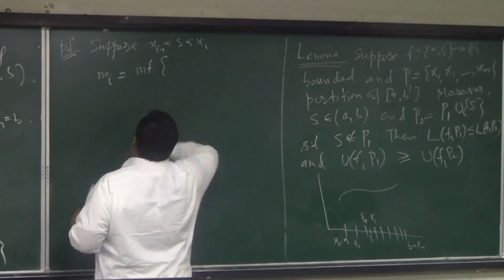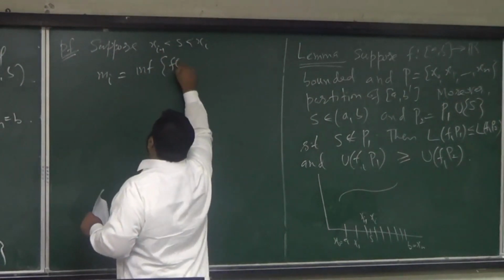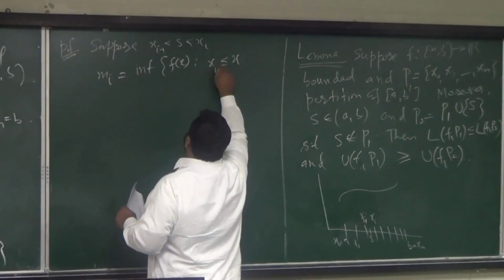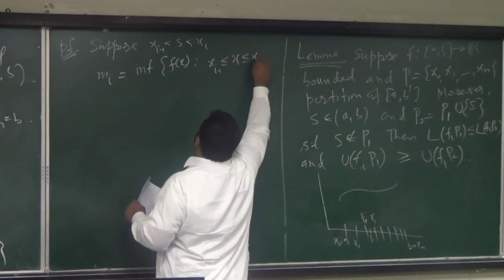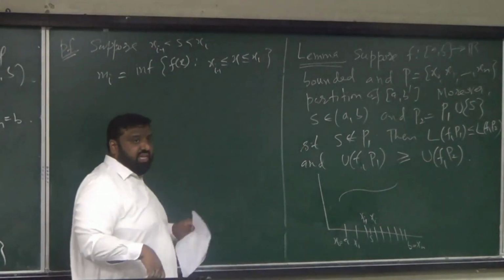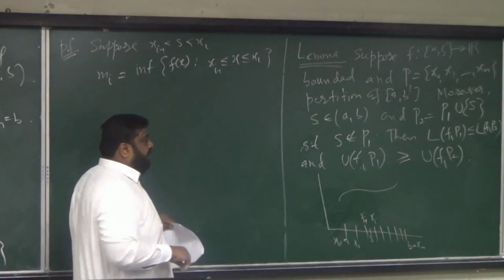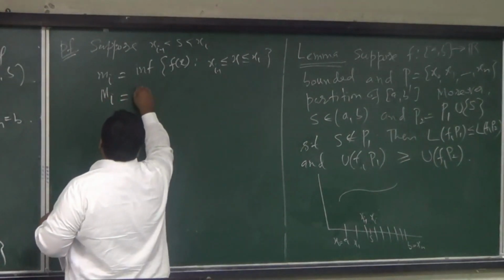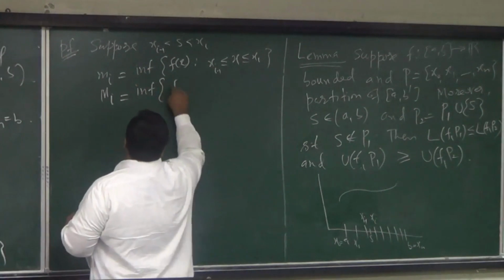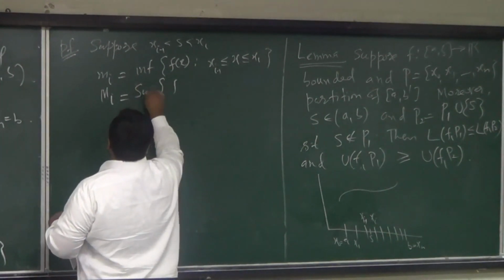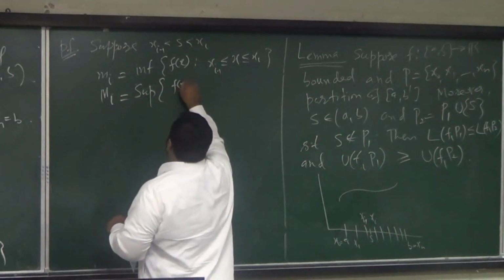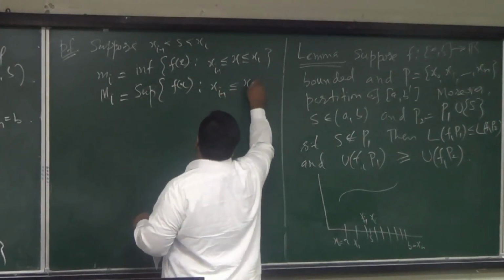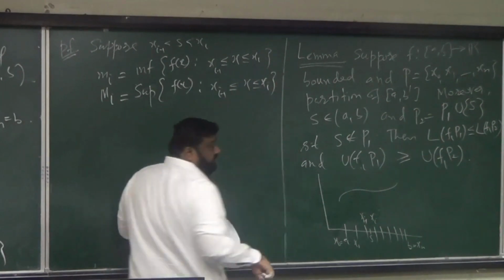So it's the infimum of f of x, where x is anywhere between x i minus 1 and x i. Agree? And capital M i is the supremum of f of x such that x is anywhere between x i minus 1 and x i.